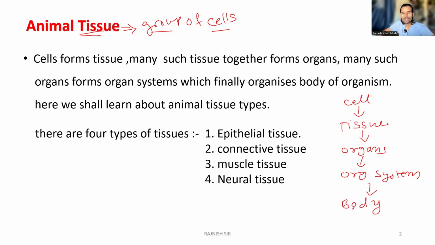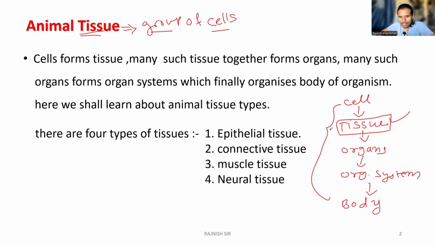So this is how the body is made by the cell ultimately. This is the structure formation. You can see in this diagram that after the cell, the second most important thing is tissue. Here we will be learning about animal tissue.